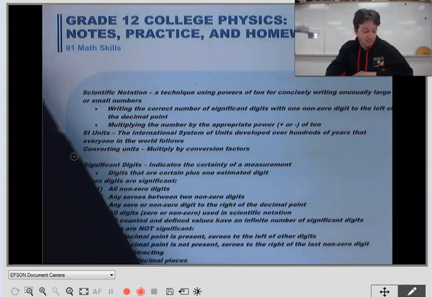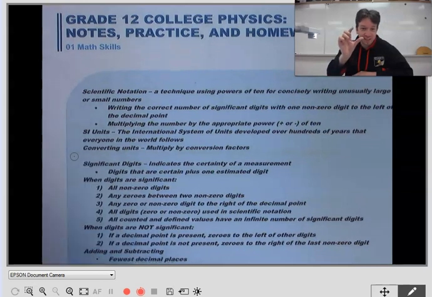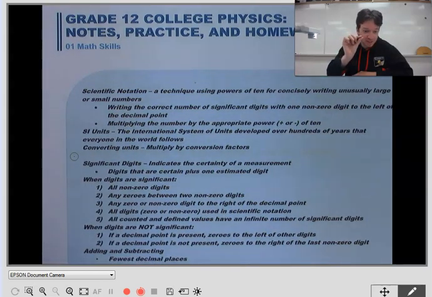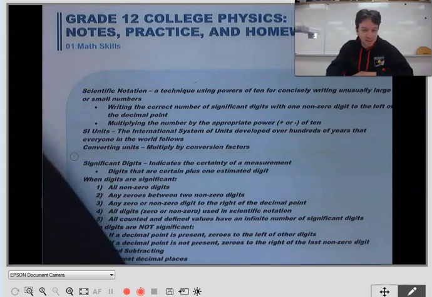Usually we don't drive that far. But in the other direction, when you get smaller, you might like centimeters, millimeters, and then you're going to go down to micrometers, nanometers. You've probably heard nanotech a lot these days. But if you go even smaller, the next one would be a picometer. We're going to go over units as well, because it's important to convert units.